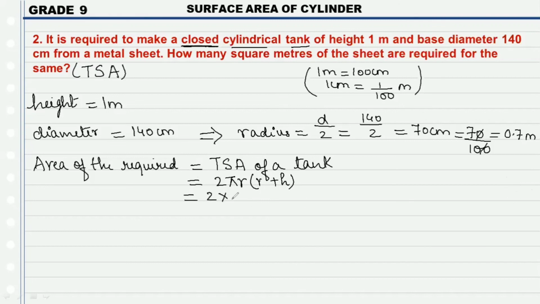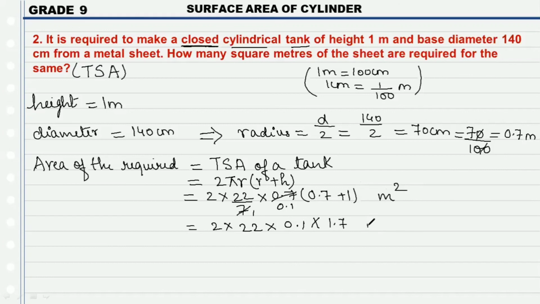Substituting the value, we get 2 into 22 upon 7 into radius. Radius is now 0.7 meter. 0.7 in the bracket, radius plus height, that is 0.7 plus height. Height is 1. Okay, and the area will be in meter square. Now calculating this, we get 2 into 22 into 7 ones are 7, 0.1, isn't it? 0.1 in the bracket, 0.7 plus 1 will be 1.7 meter square.